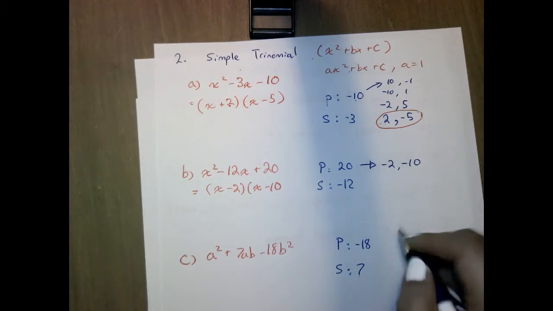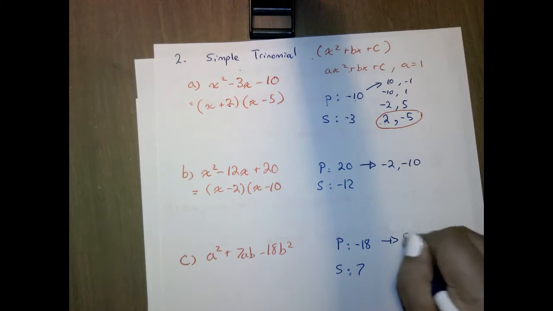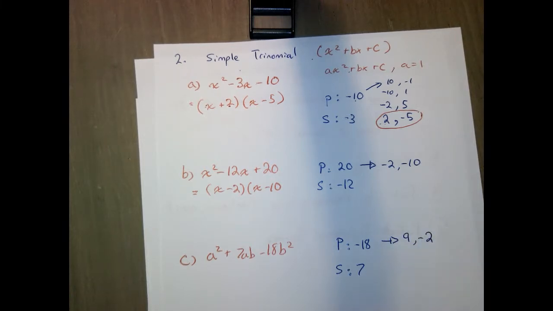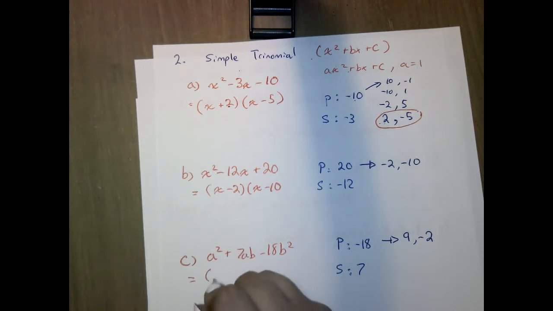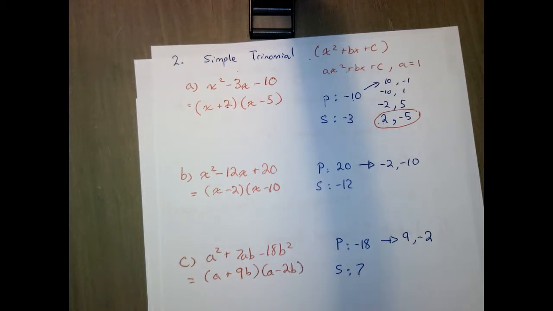In this case, I'll find that my two factors are 9 and negative 2. 9 minus 2 equals positive 7, and 9 times negative 2 equals negative 18. But when I factor it out, I'm going to be left with a plus 9b times a minus 2b.